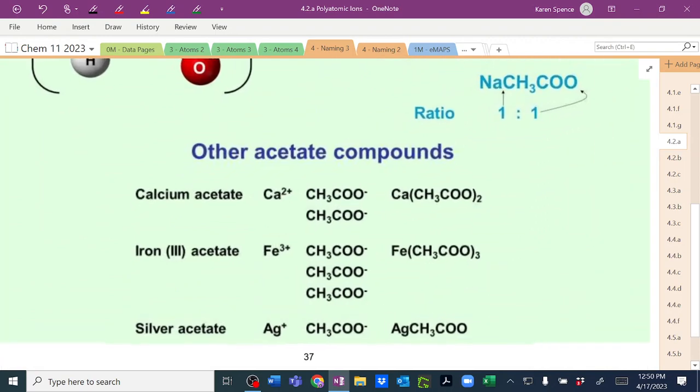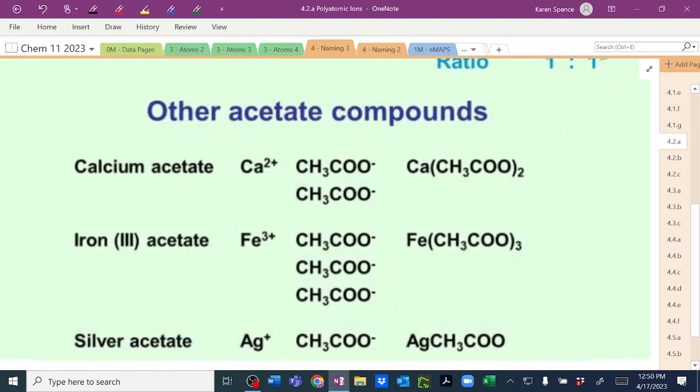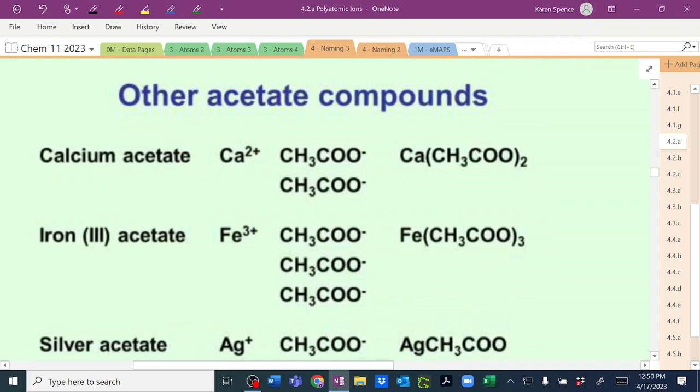Here's some other acetate compounds. We have calcium acetate. What group is calcium in? Calcium is in group 2. Therefore, it has 2 valence electrons. So when it becomes an ion, it will lose 2 electrons and become +2.